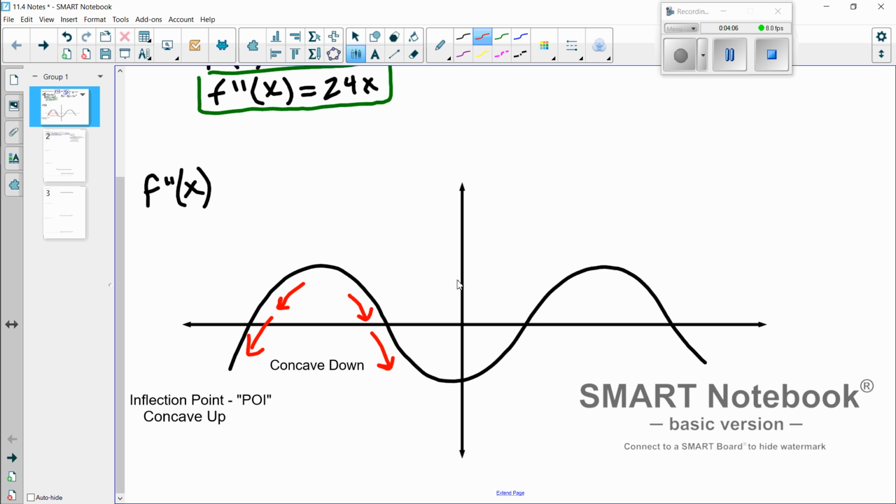Now, likewise, if our function is facing up like this, right? It's opening up. We say it's concave up, okay? And I just wanted to throw that in there. So make sure you write that the direction is really what determines the concavity of the function within intervals, okay?